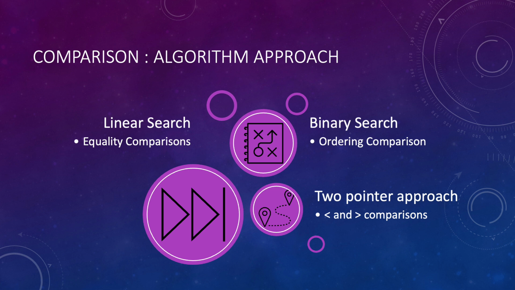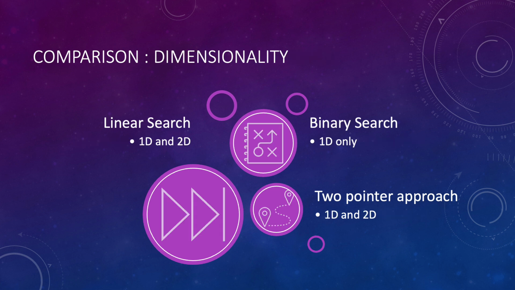For binary search, we find the mid between the lower bound and upper bound, and then we need to figure out which way we need to move, either to the left of mid or to the right of mid. The two-pointer approach basically does greater than and less than comparisons.